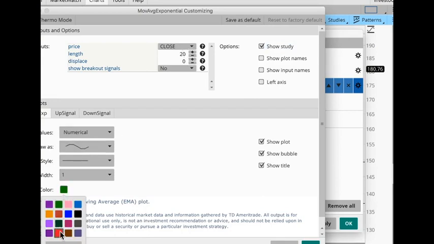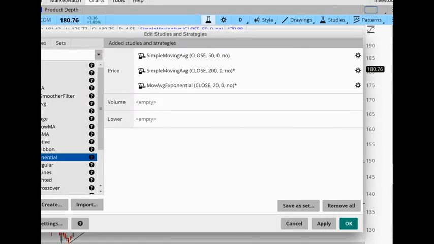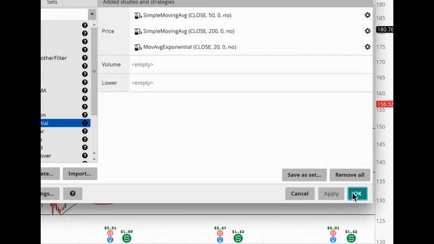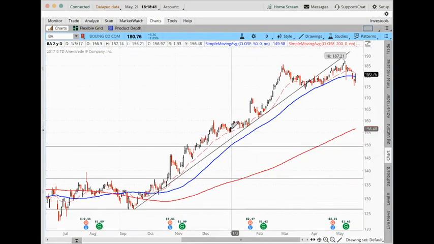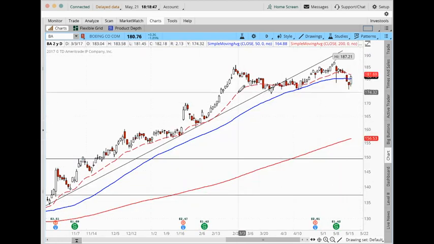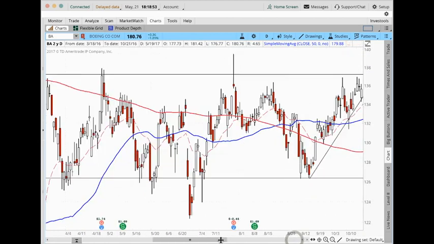Red. Usually for exponential moving averages, I use a dotted line just to demarcate. Apply. Okay, there we are. So on Boeing, you can see I've put in my 20 exponential moving average, 50 moving average, and 200 moving average.